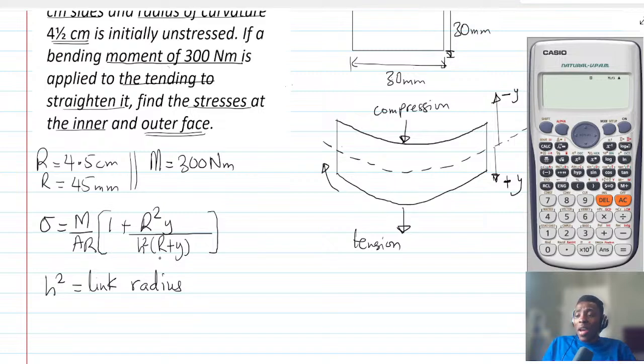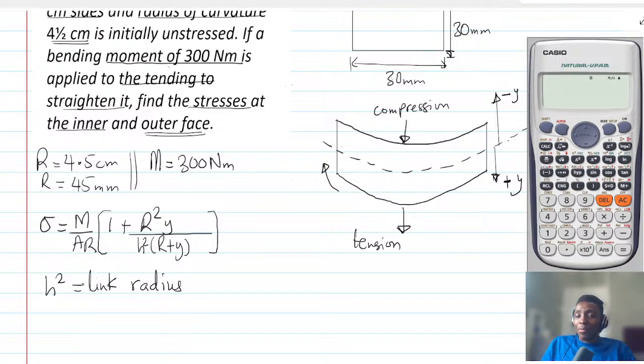All you have to pay attention to is that when they give you a question on curved bars, look at the cross section. If it is a rectangle, there's a formula for the link radius. If it is a triangle, there's a formula for the link radius. If it is a circle, or a trapezium, there is a formula for the link radius.